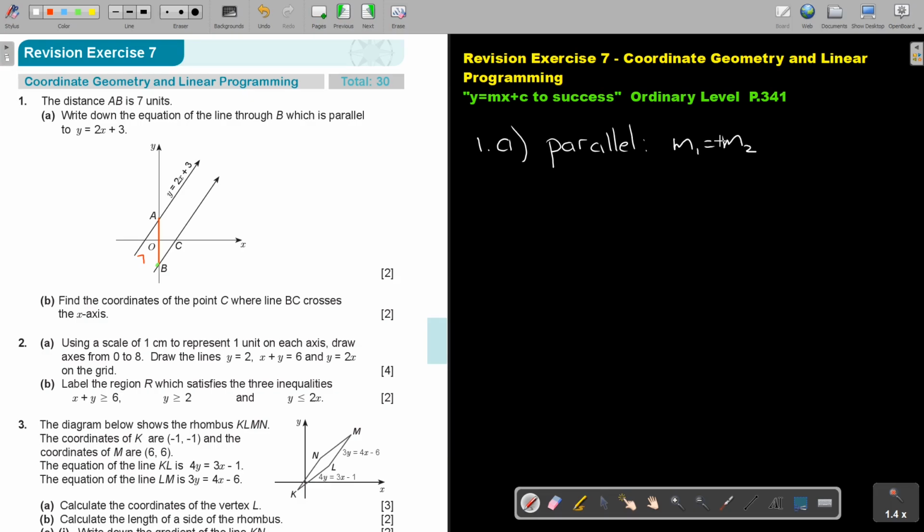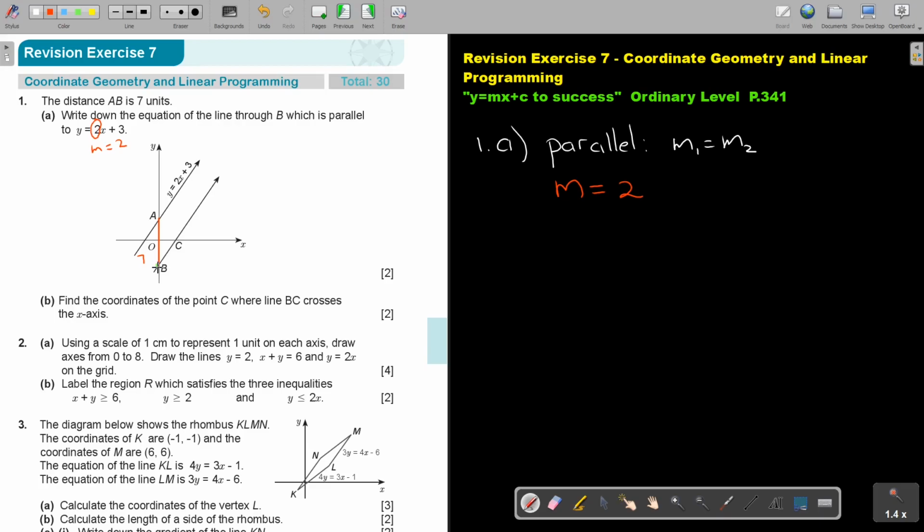So basically, I'm just going to use this gradient. And what is this gradient? The gradient is 2. So if the lines are parallel, then I already know the value of m will be 2.